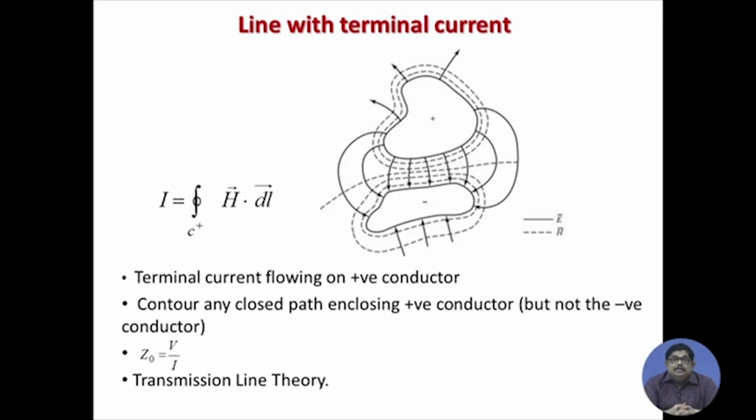So, here the terminal current that is flowing on the positive conductor, if we can have that current uniquely defined for any contour closed path enclosing the positive conductor, then we can define the ratio of voltage and current so defined as the impedance, and this is basically the realm of transmission line theory.